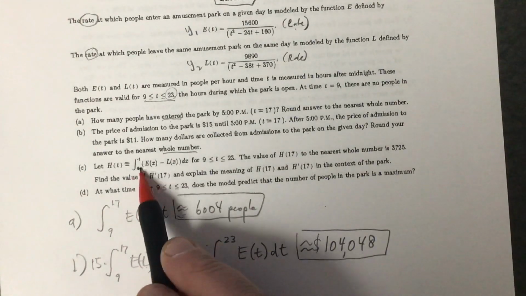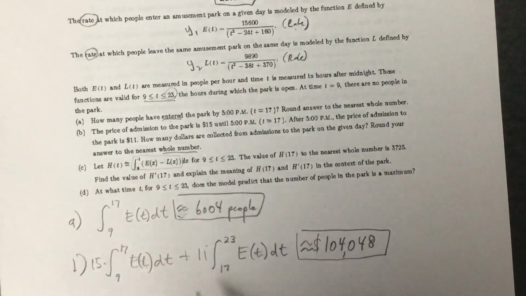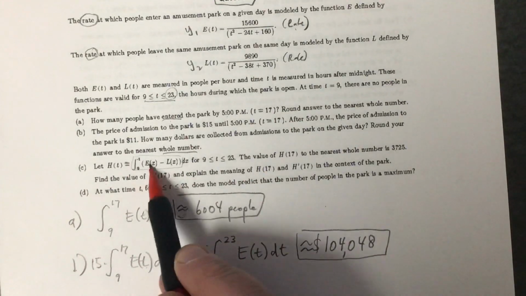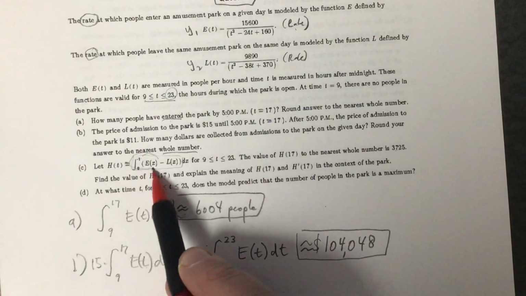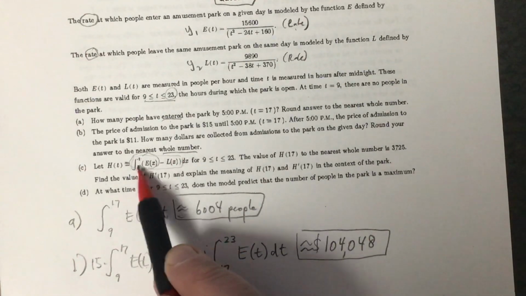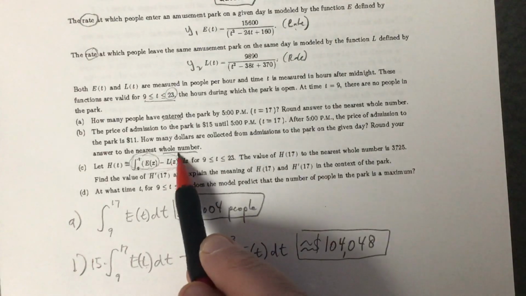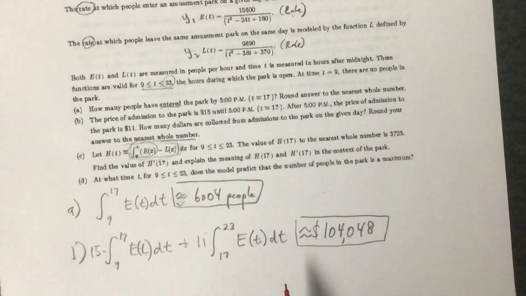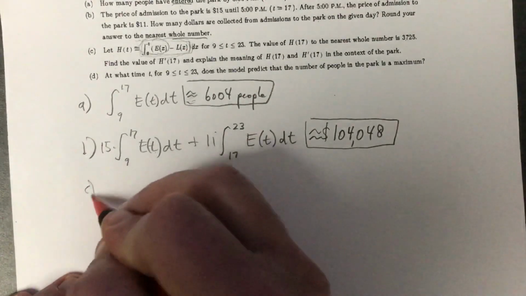When I integrate this, h of 17 is going to represent, if I separated these out, the total number of people that entered the park when I integrate the entrance, minus the total number of people that leave the park. So the combination of these, integrating both of them, is going to be the total number of people that are in the park.